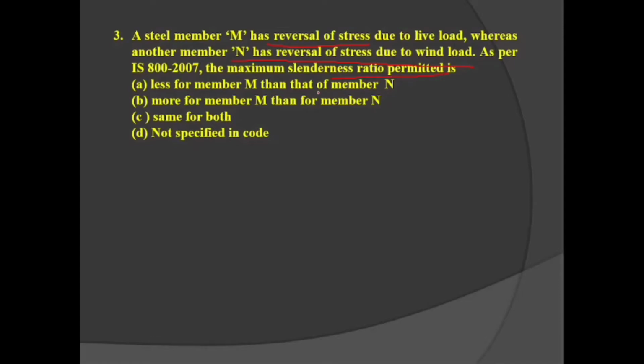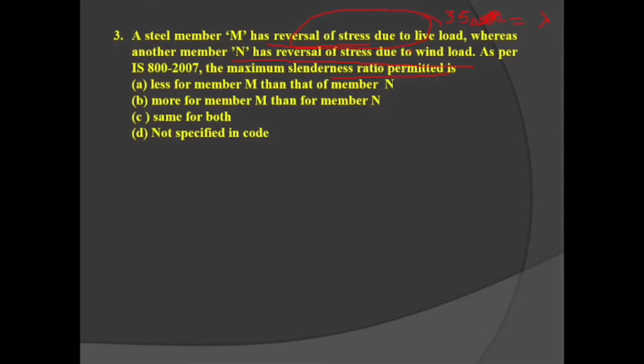My dear students, if reversal of stress occurs due to the effect of live load, then our maximum slenderness ratio in a roof truss is lambda equal to 350.